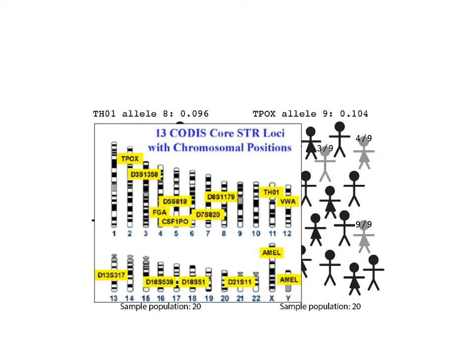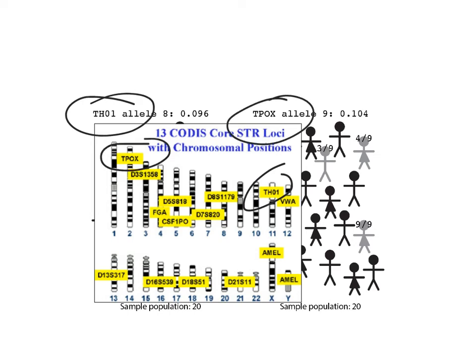Just for today, we're going to focus on TH01, which is on chromosome 11, and TPOX. Those are just two names for the different loci, the different microsatellites. They're on two different chromosomes, 2 and 11.